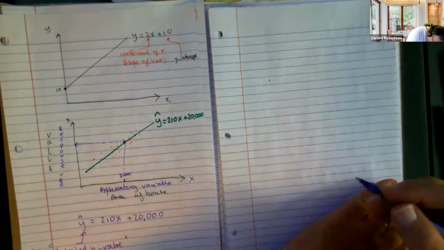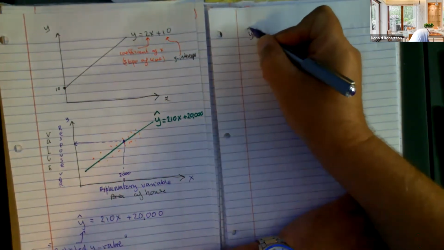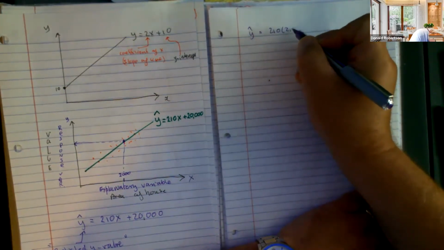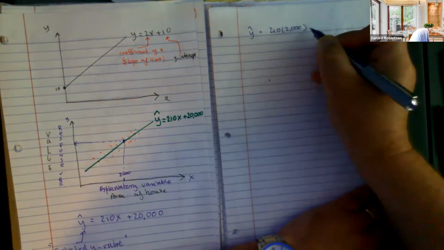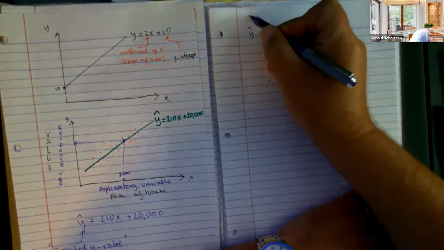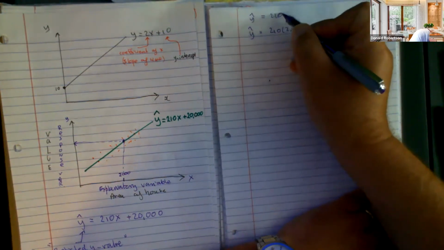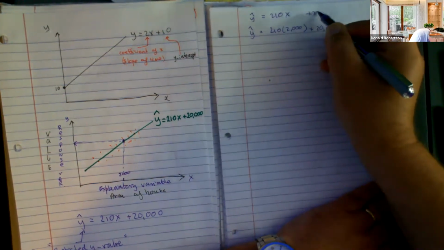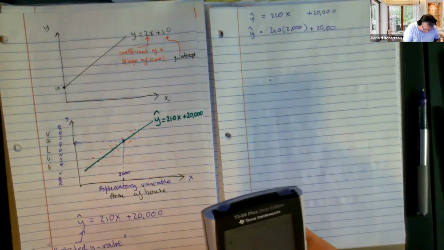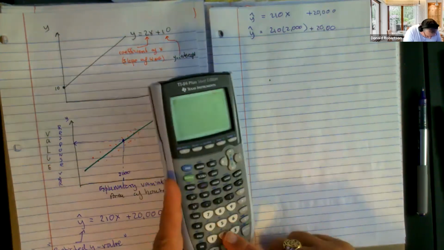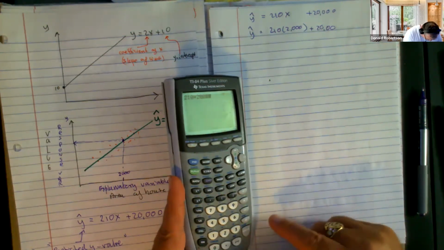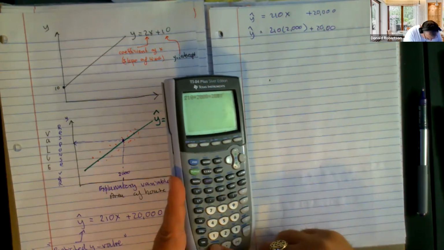So let's try that. Suppose someone has a 2,000 square foot house, and I'd like to know, a lot of twos in this, how much it would sell for, a predicted value. So it would be 210 times 2,000 square feet plus 20,000.